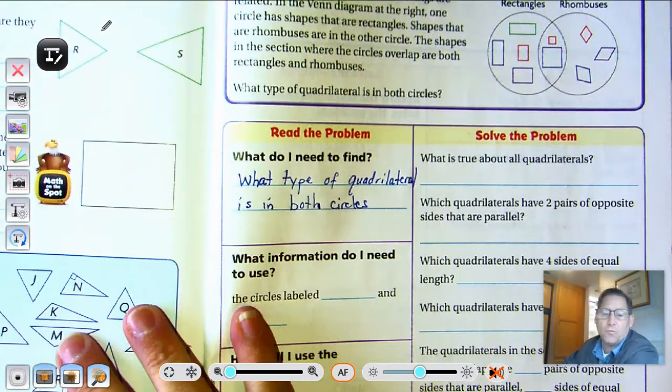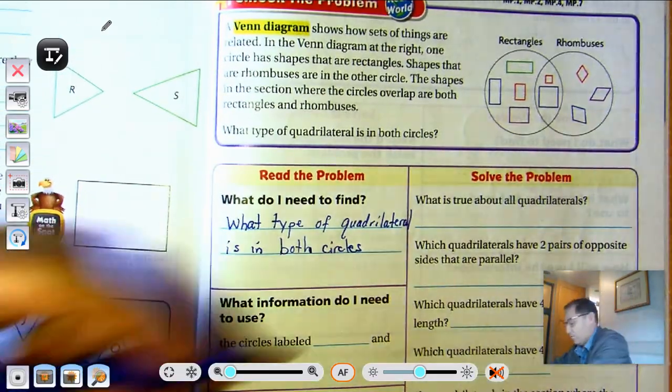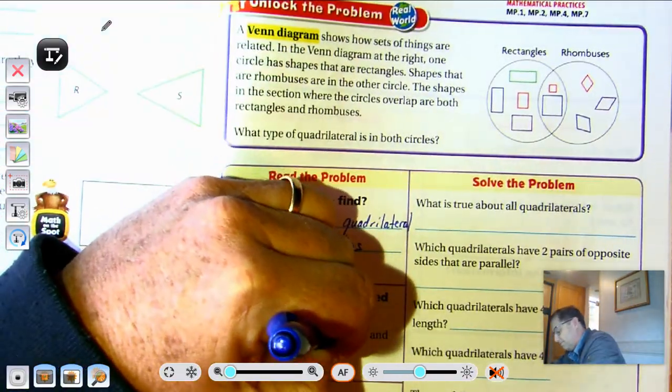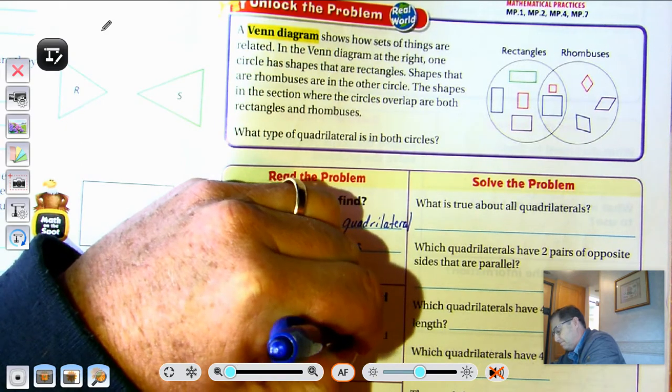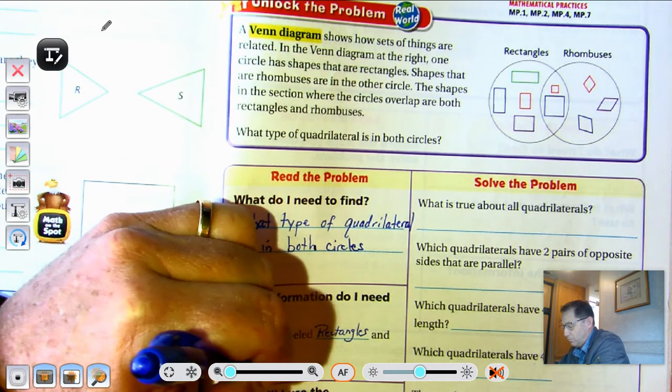All right. What information do I need? I need to use the circles labeled rectangles and the circle labeled rhombuses.